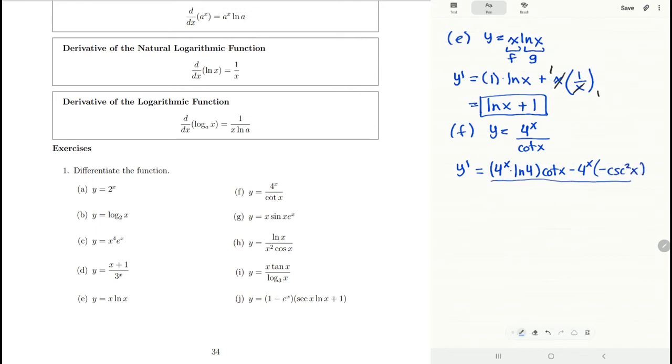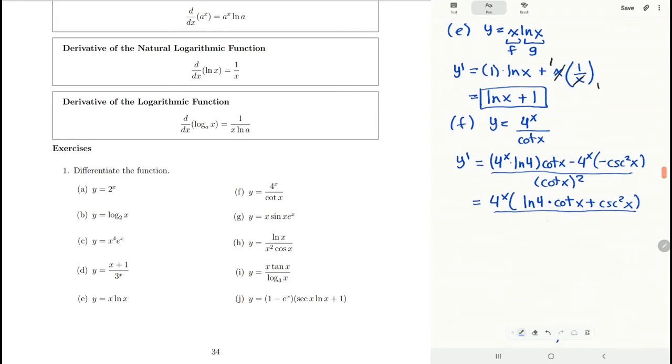And this is all divided by cotangent of x squared. So here we can factor out a common factor of 4 to the power of x, and we're left with the natural log of 4 times cotangent of x plus cosecant squared x, and this is all over cotangent squared of x.